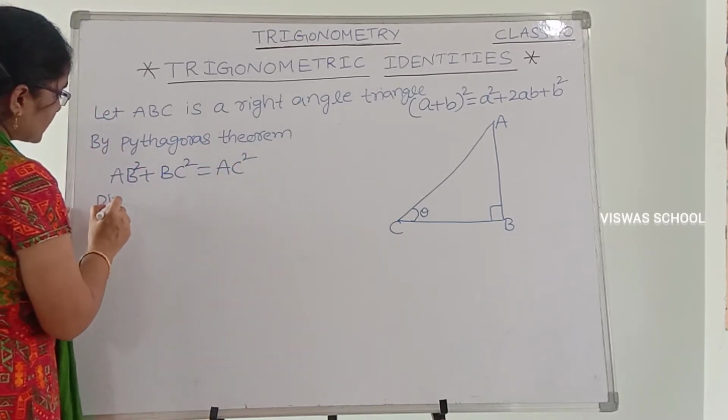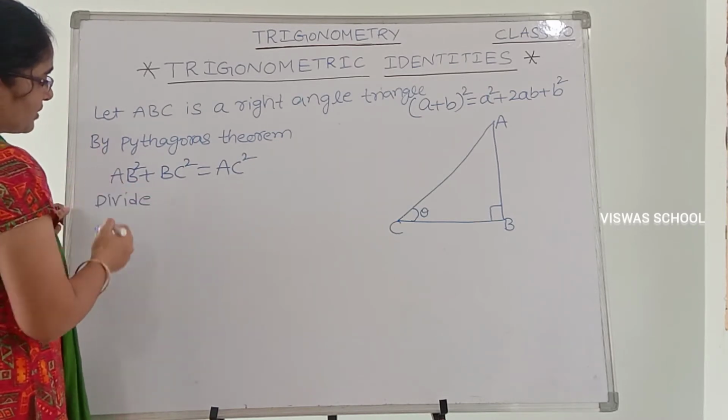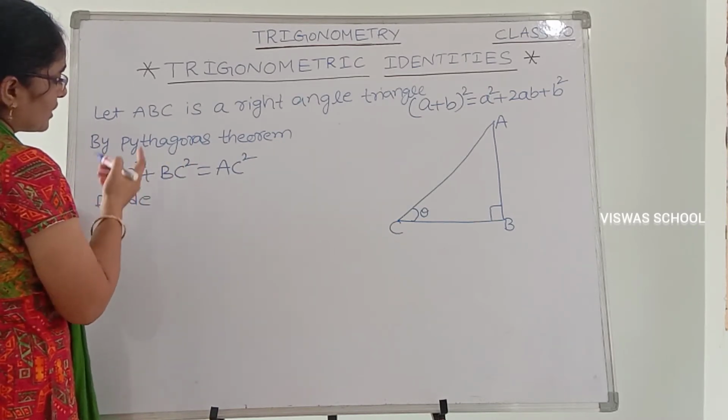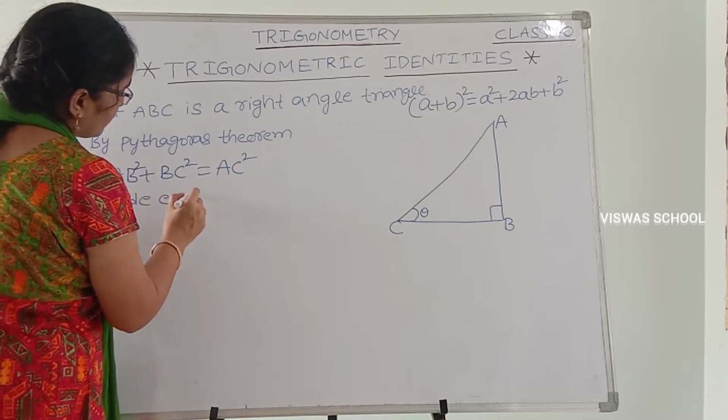Previously we divided the whole term with AC. Now I am dividing each and every term with AB.